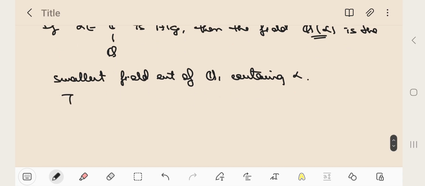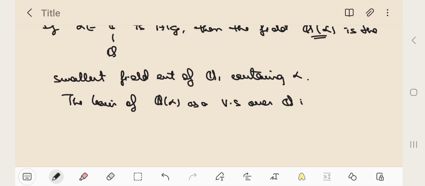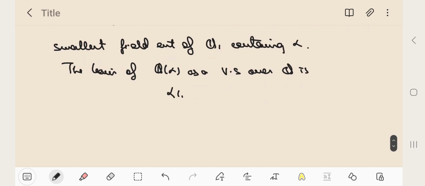So the basis of Q(alpha) as a vector space over Q is the elements 1, alpha, alpha squared, till alpha to the n minus 1. Clear?